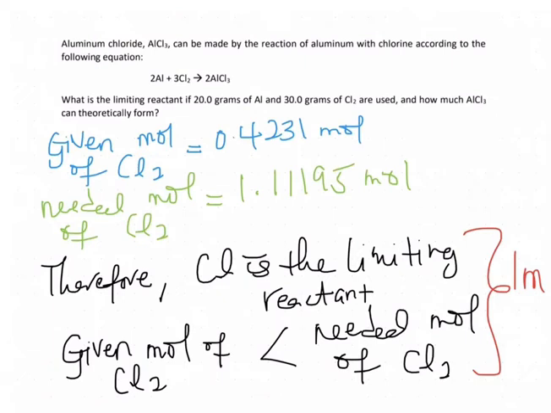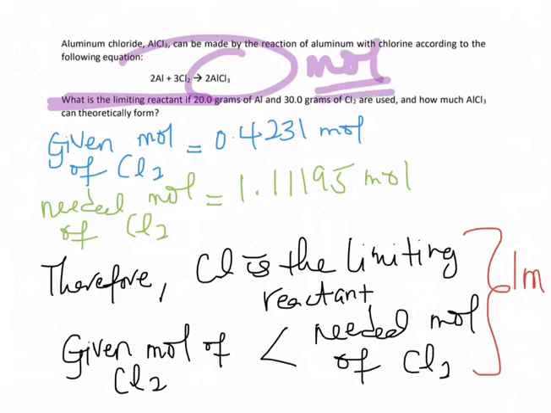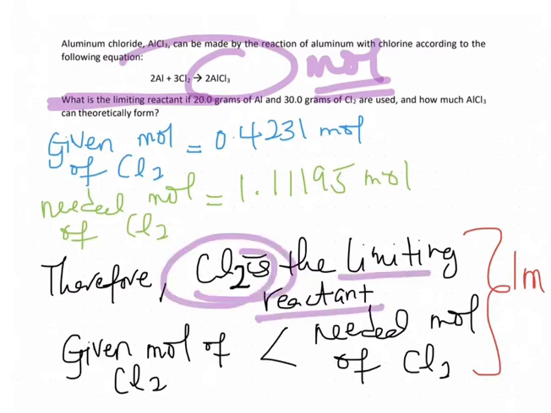Once we have figured out the limiting reactant, we can start to work out the product. The chlorine molecule over here is your limiting reactant.